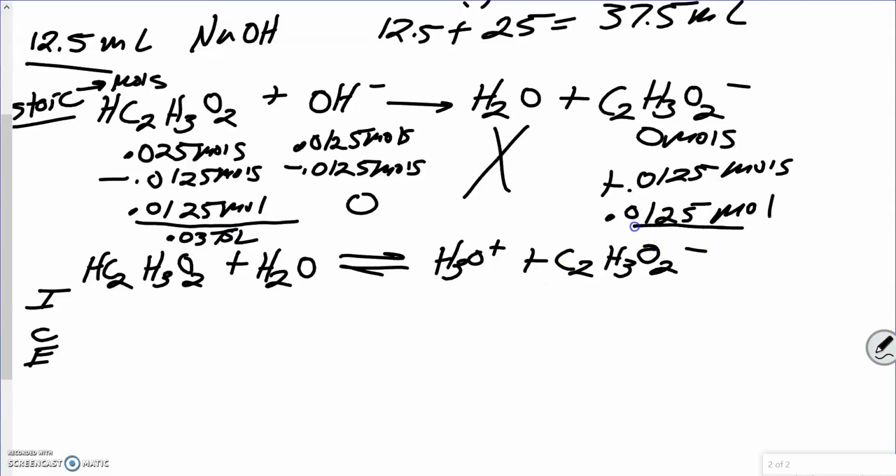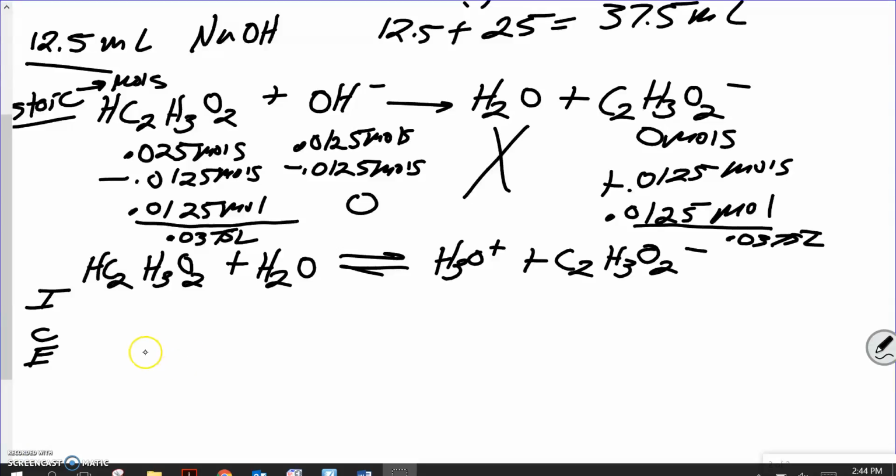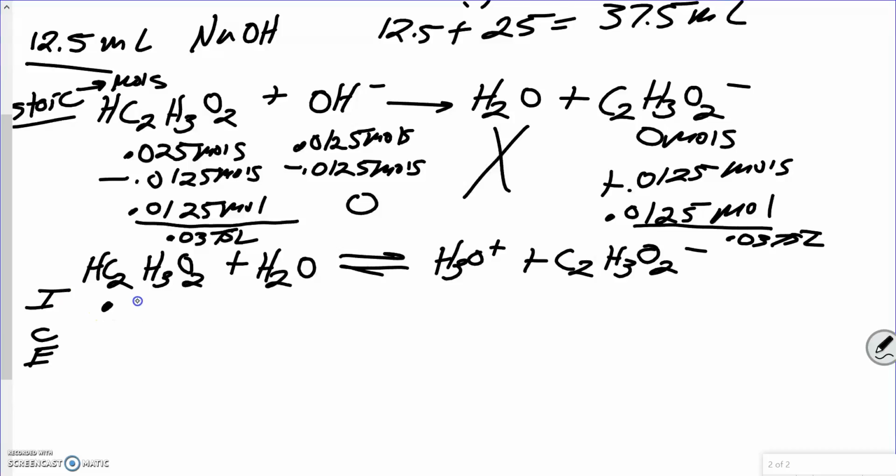Same with this one, 0.0375 liters. And what we get with those two values is 0.33 molar, and that's going to be the same for both of them because it's the same number divided by the same number. So 0.33 molar goes in for both of these values.